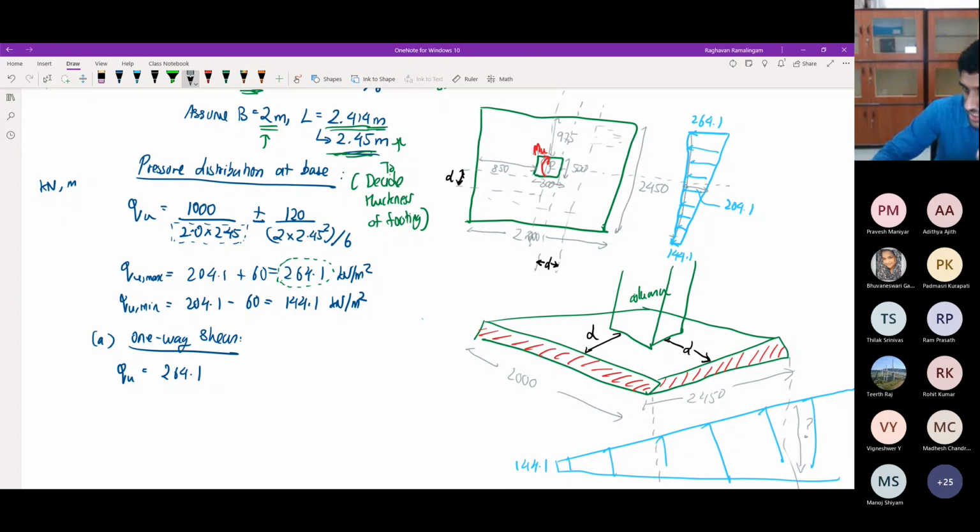Of course, on the other side it's 264.1. So I have a certain distance. So that distance equals... So 264 is the pressure at this particular end.